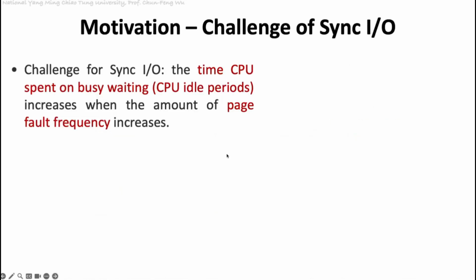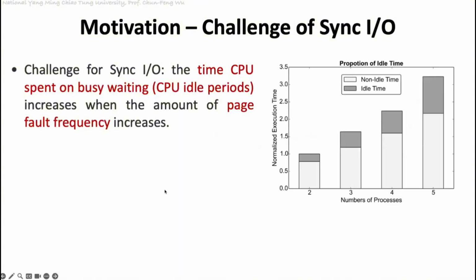Before that, we want to know how much time the CPU spends on busy waiting. The x-axis is the number of processes. We run 2, 3, 4, and 5 processes simultaneously, and the y-axis is the normalized execution time, normalized to the two process scenario.